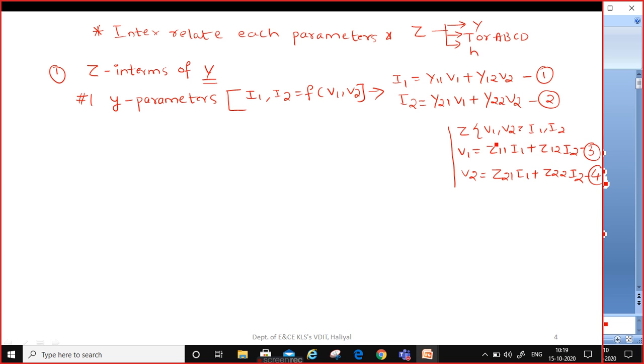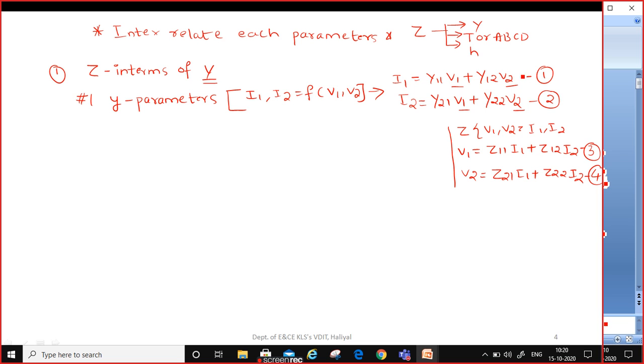See now, what is the objective? We want to express z in terms of y parameter. So we have to extract these variables, v1 and v2, not parameters, from equation 1 and 2. But the problem here in equation 1 and 2 is that each coefficient, y11, y12, y21 and y22, has either V1 or V2.